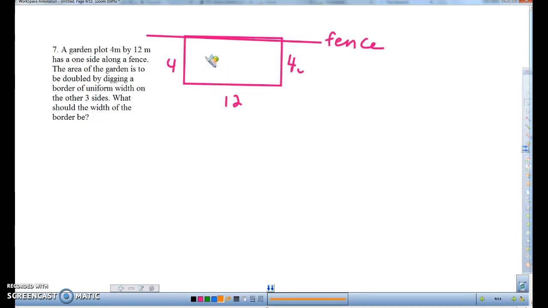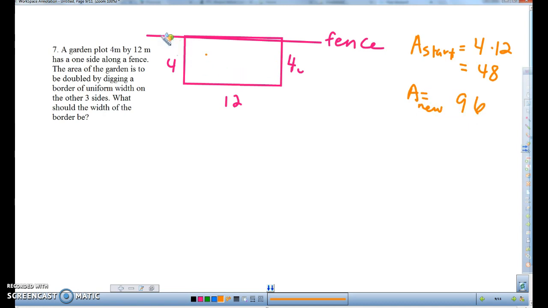So right now the area is 4 times 12, which is 48. So the area to start with, or the area initial, if you're trying to impress Mr. Suddendorf, is 4 times 12, which is 48. And we want to double that in the end. So the new area should be 96.